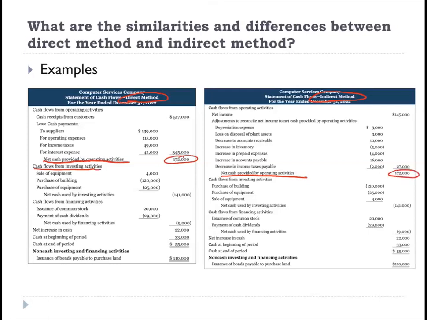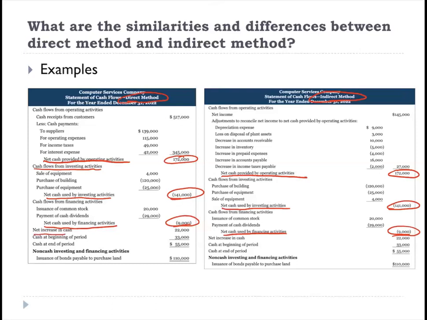Cash flow from investing activities is a cash outflow of 141,000. Cash flow from financing activities is a cash outflow of 9,000.